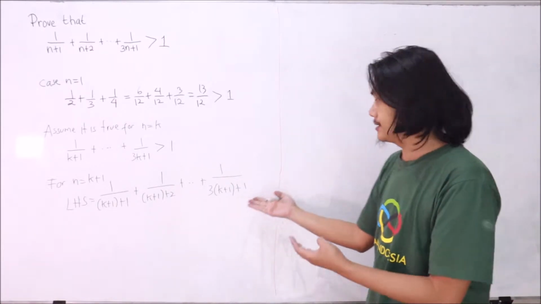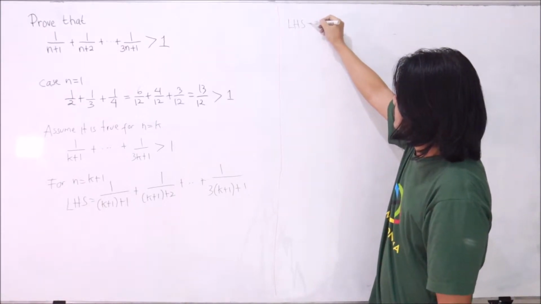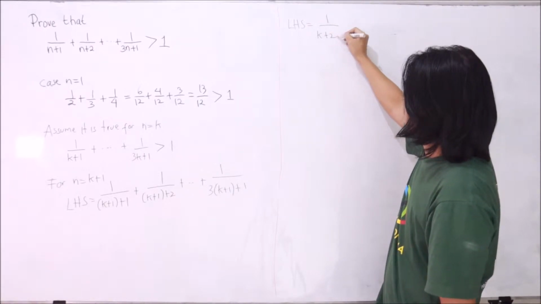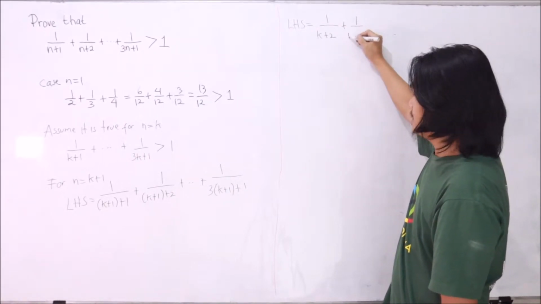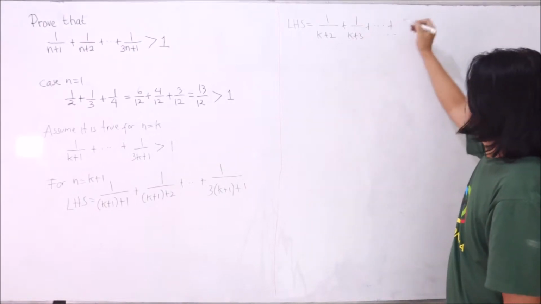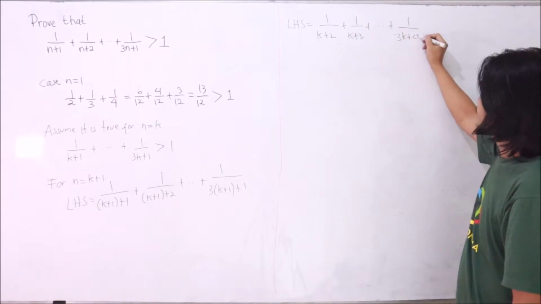Let us simplify this expression. The left hand side will turn into 1 over k plus 2 plus 1 over k plus 3 all the way to 1 over 3k plus 4.